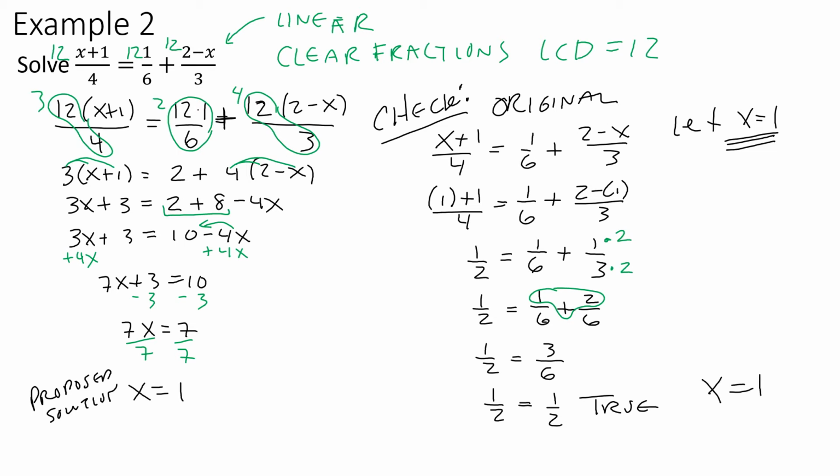And our final answer is x equals 1, or we can write it in set notation, which is grouping symbols around the 1. However you write it, 1 is our final answer, and I want to note that this is a conditional equation. It is true only when x equals 1.